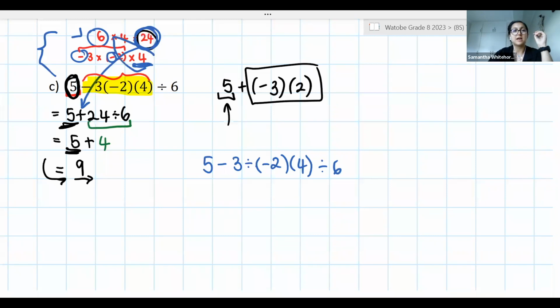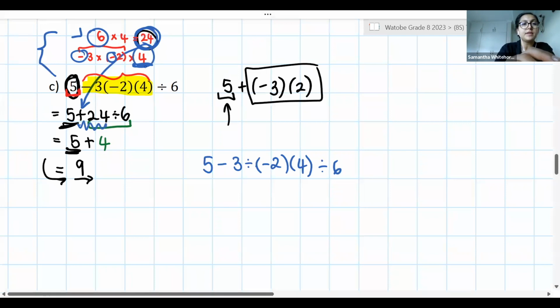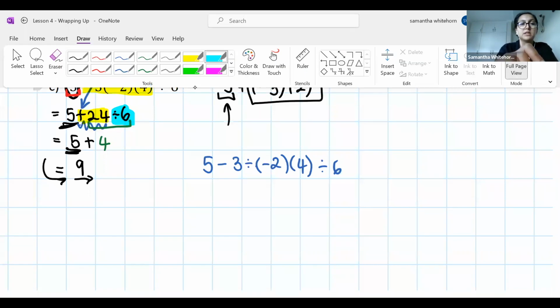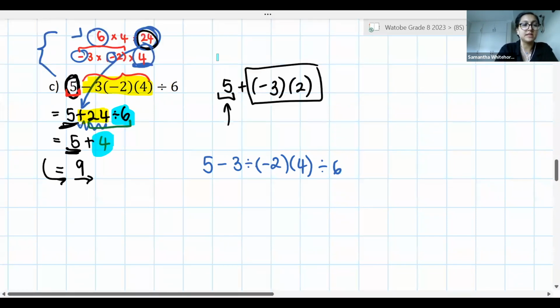And then 6 times the 4 gives me the positive 24. So that's why I've then got plus 24 in the next step, because that came from my multiplication. I then need to do the division, divided by 6. So 24 divided by 6, positive divided by a positive is a positive. 24 divided by 6 is 4. And then right at the end, I do my addition.